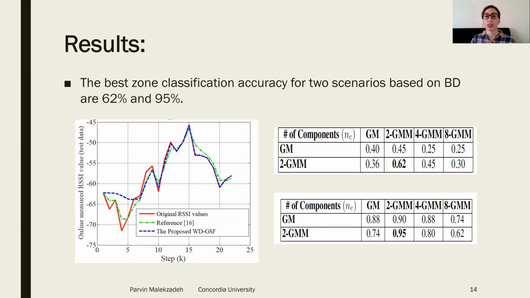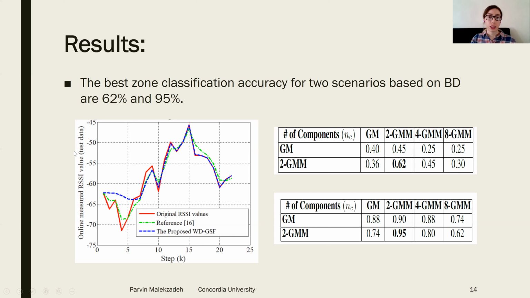The second table shows the results for the second pattern matching scenario, weighted nearest neighbor for K equal to 5, and we can get an accuracy of 95% when we model our offline RSSI values with 2 Gaussian mixture components and model our online RSSI values with 2 Gaussian mixture components. That accuracy of 95% is good.